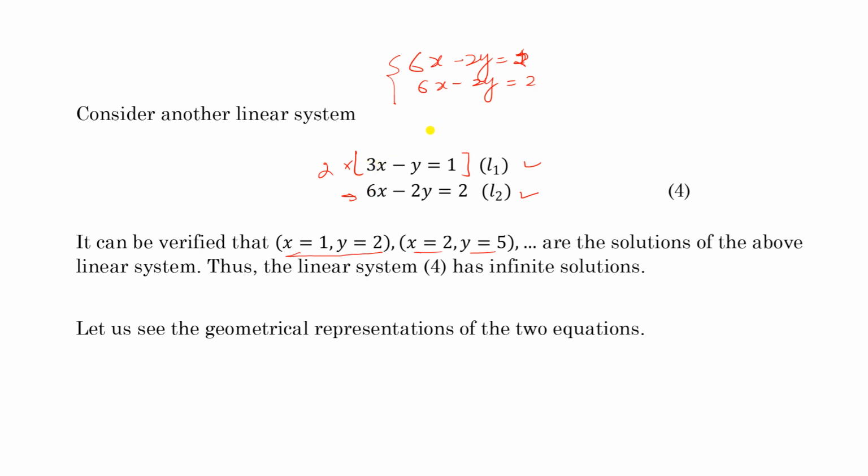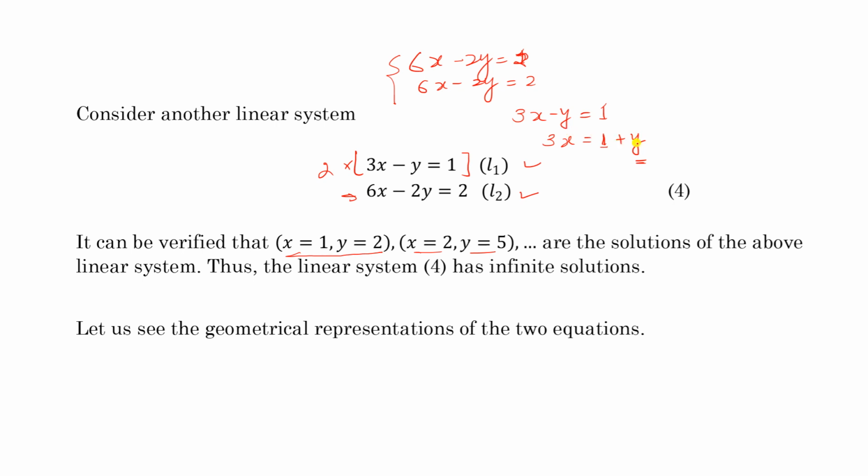So we have one line, in simplified form 3x minus y equal to 1. We can write it as 3x equal to 1 plus y, where y is a free variable. Now we can assign any value to y. Assign different values to y, you will get different values of x.